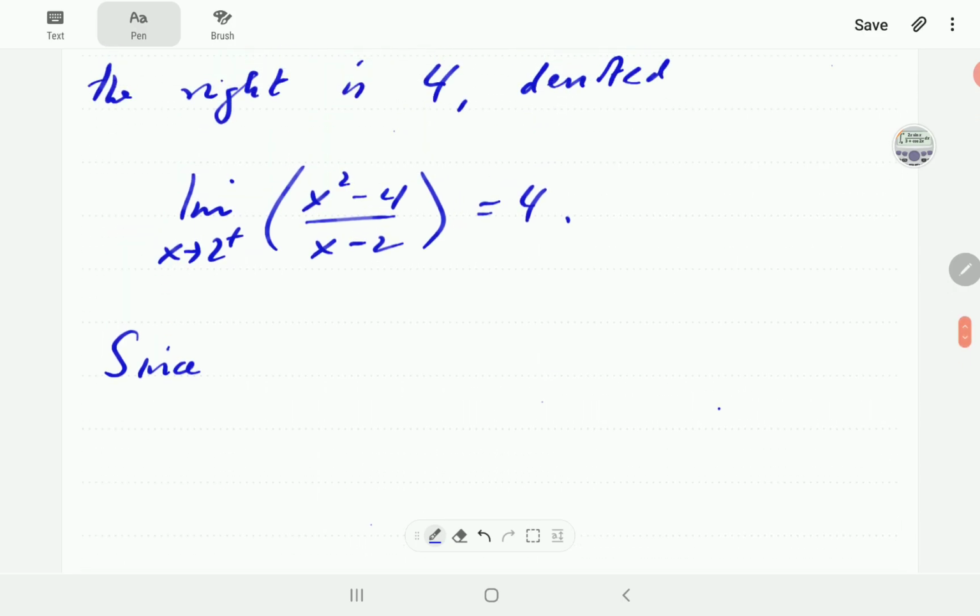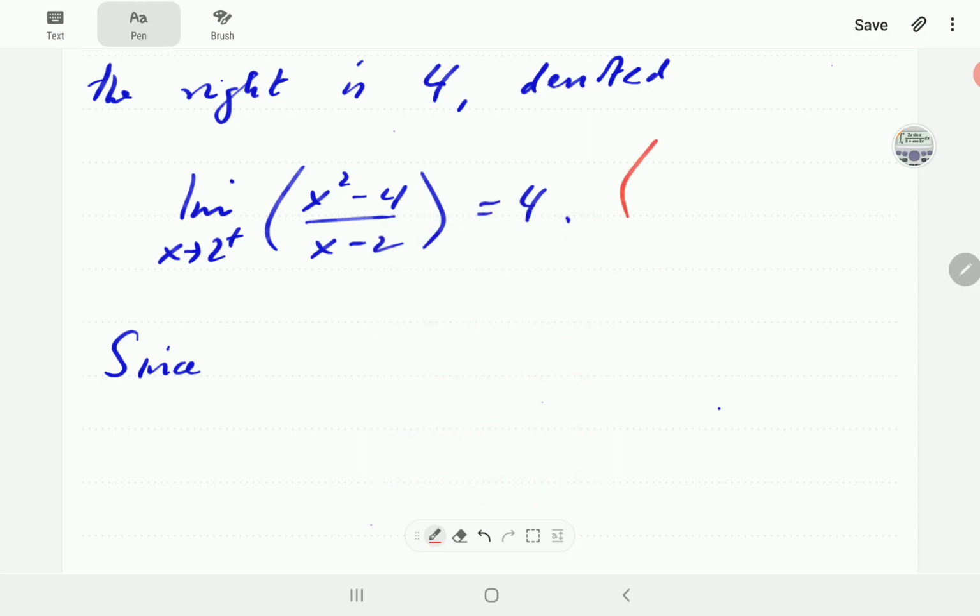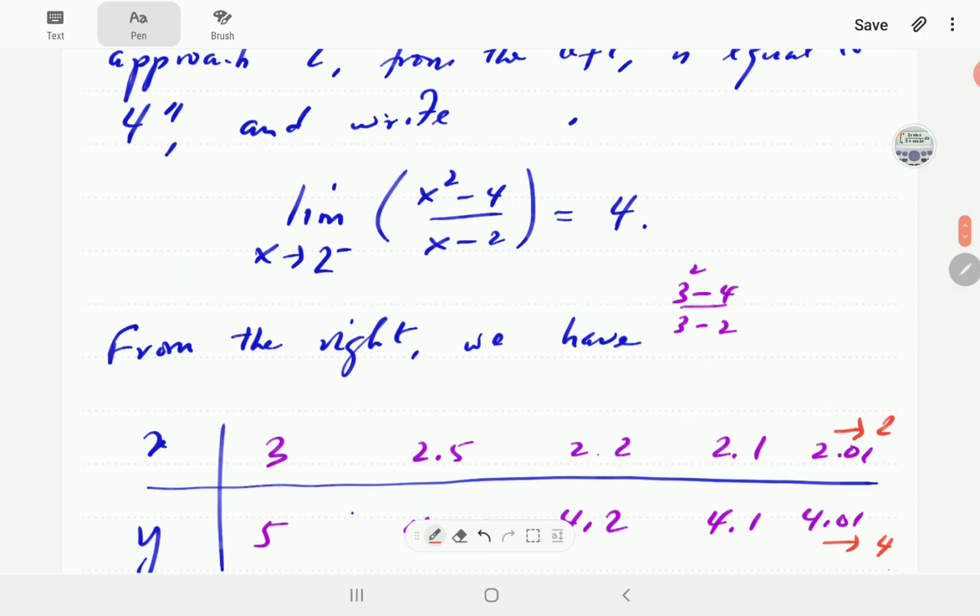By the way, the limit from the right is what we call the right-hand limit. So in that case, that's going to be the right-hand limit as x approaches 2. This one we call the left-hand limit, abbreviated LHL.